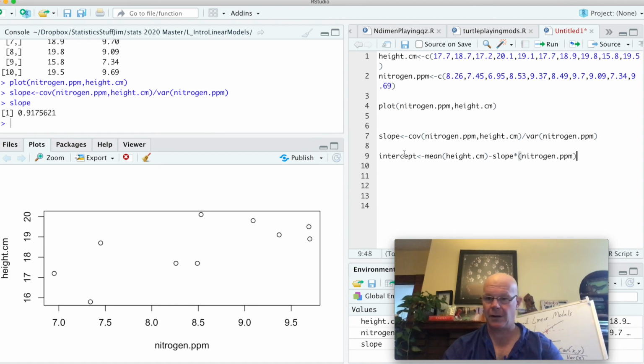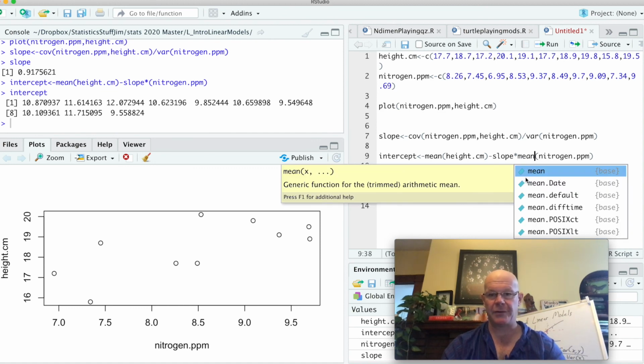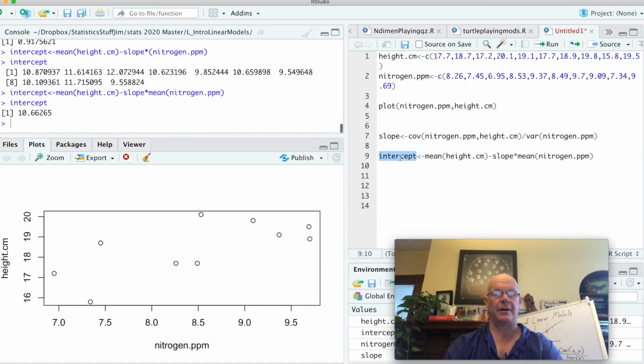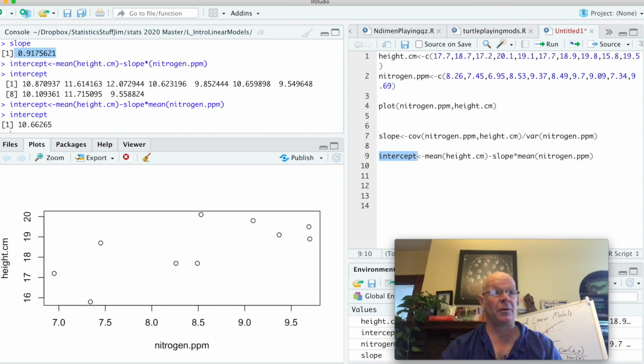That should all work. Yes, it should. And oops, nope. This is the problem when there's nobody in a classroom saying, Jim, no, you screwed up. There, now we're better. Okay, 10.66265, that is my intercept. And my slope is 0.917. Okay.